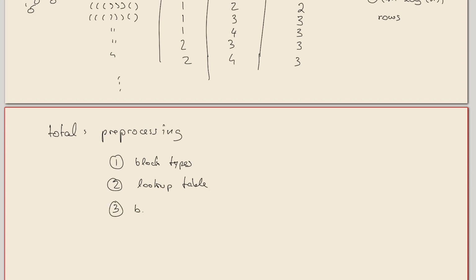And we compute the bootstrap data structure for the block minima, which we also have to find. And all of these take linear time in the input size. And that way we get the overall time for the pre-processing to linear.